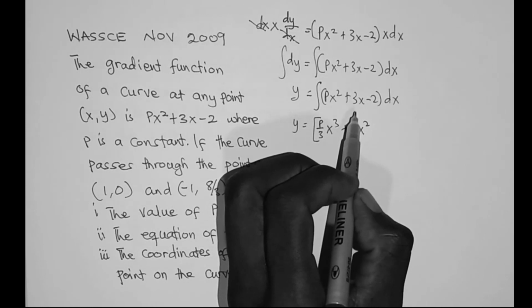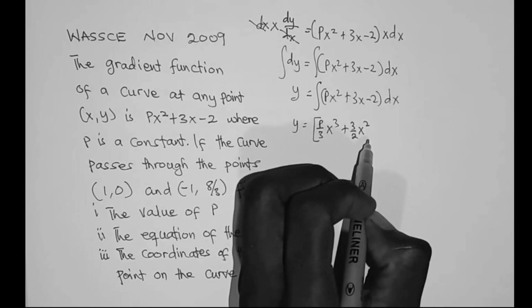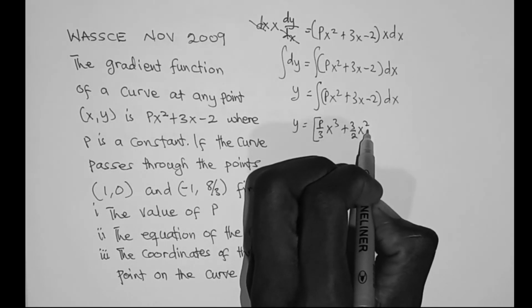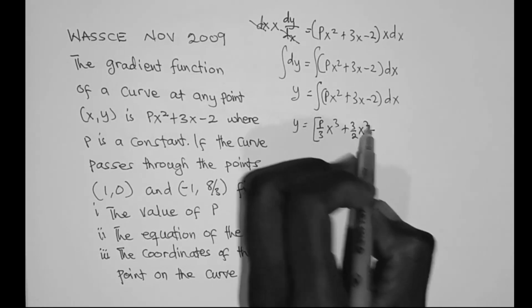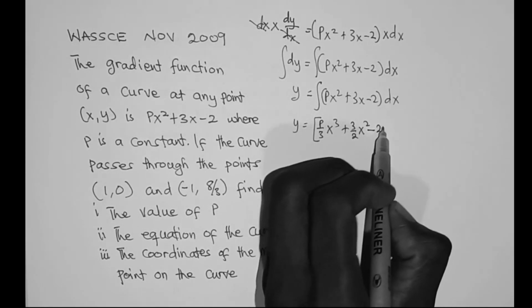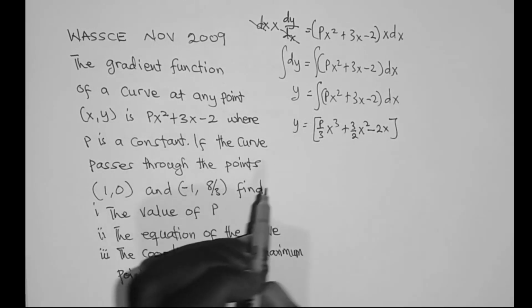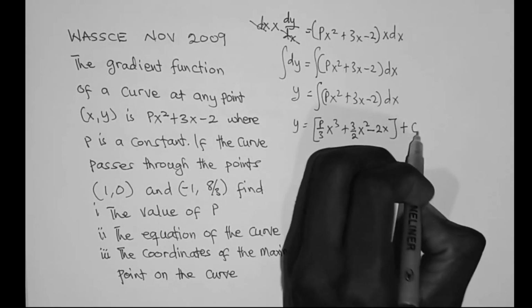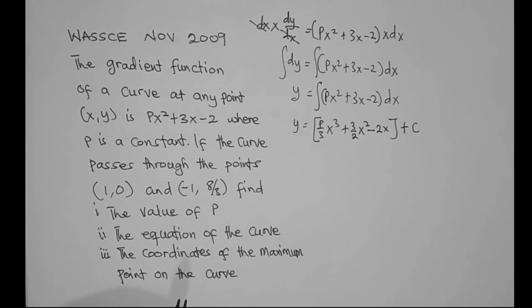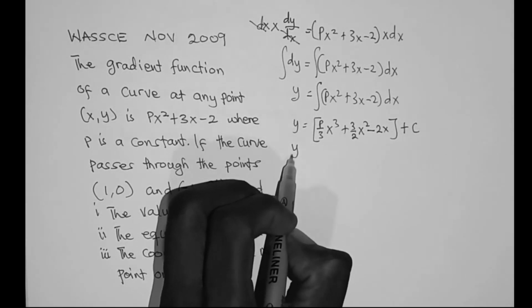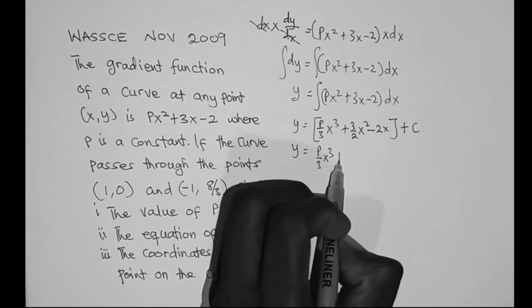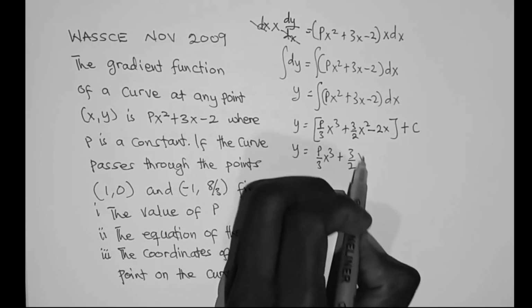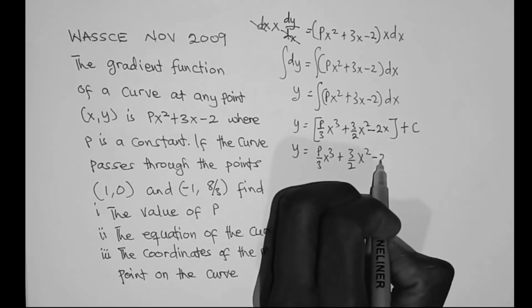Minus, if you integrate 2, it is equal to 2x, so minus 2x, then plus the constant of integration c.